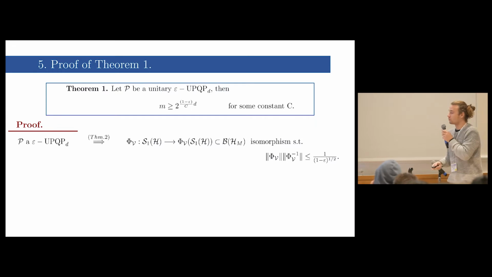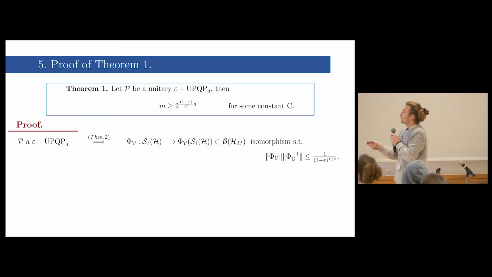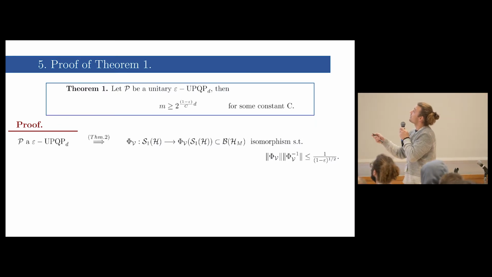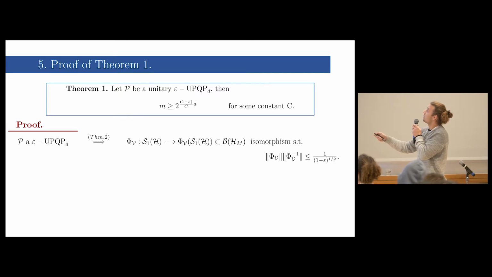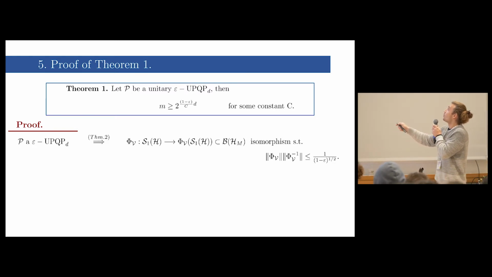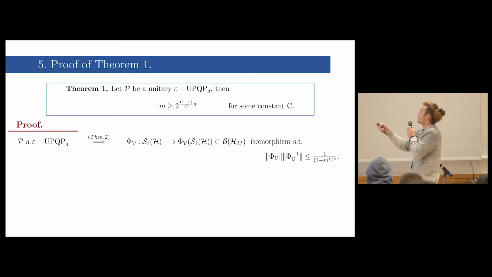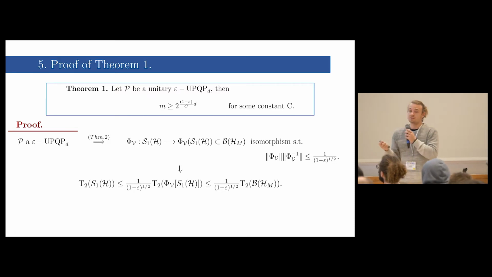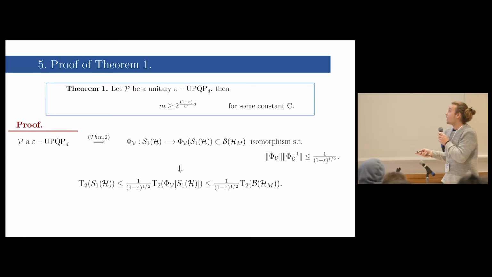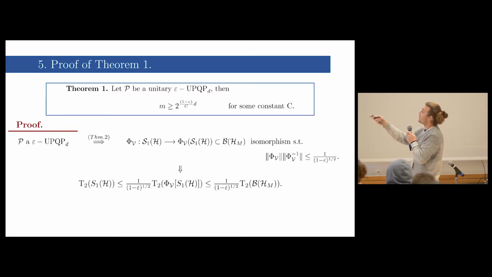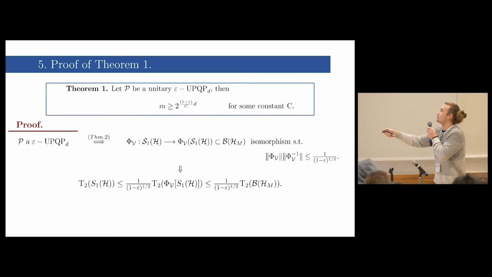So now we come back to our proof. Remember that we have this linear isomorphism between this space and this subspace of B(H) with this isomorphism constant. And now, applying these two properties I gave you in the previous slide, we attain this chain of inequalities here.